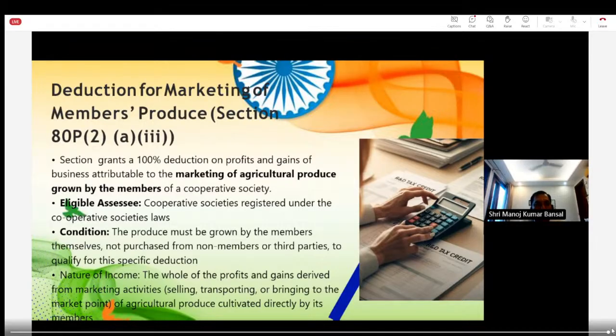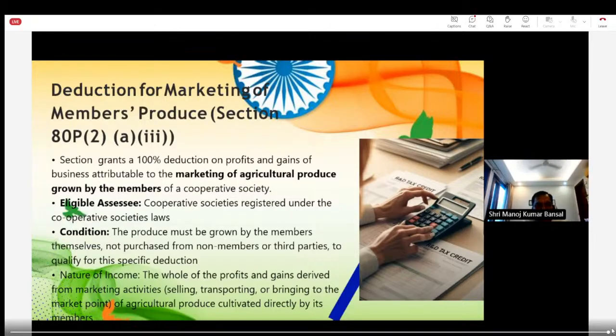Deduction for marketing of members' produce, section ATP2A subsection 3. This section grants a 100% deduction on profits and gains of business attributable to the marketing of agriculture produce grown by the members of a cooperative society.